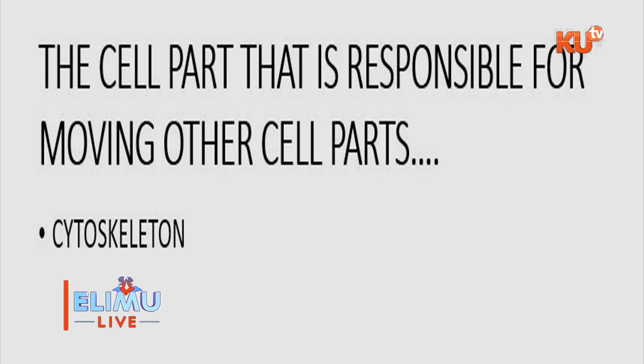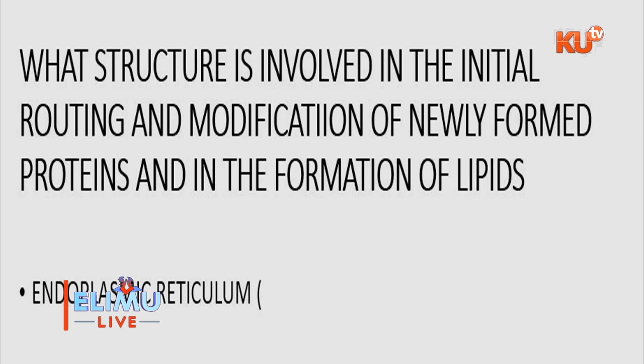As earlier, you saw the structure of the cytoskeleton. If you can just go back to the structure of the cytoskeleton, so that you see how it moves organelles and other cell parts. It will be projected on your screen shortly. The cytoskeleton is on slide number 5.